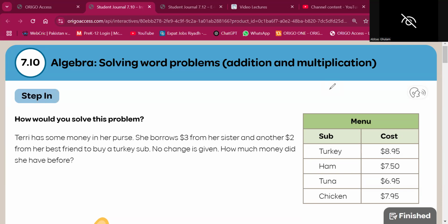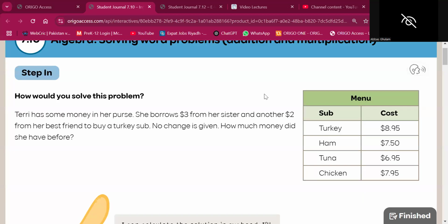Then we will also solve for the value of the variable. These word problems will be related to addition and also some to multiplication. Let's try how we can write them. Let's try it, then solve it.